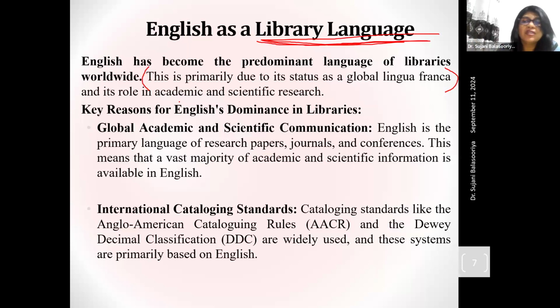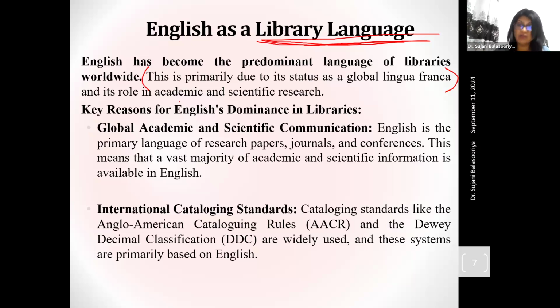But we still need to talk about English in relation to the library. Okay. So there's another reason here, cataloging standards. In libraries, there are catalog systems, and there are standards used to record the details of the books available. Otherwise, think about it: you want to find a book and you go to the library and you don't know which section, which subsection, or which bookshelf it is in.